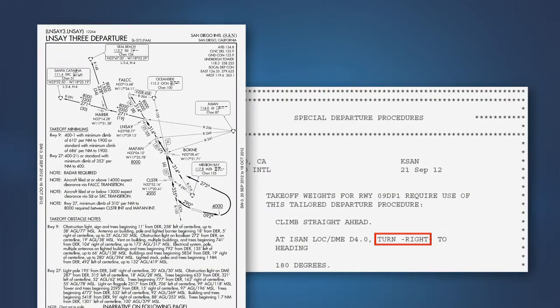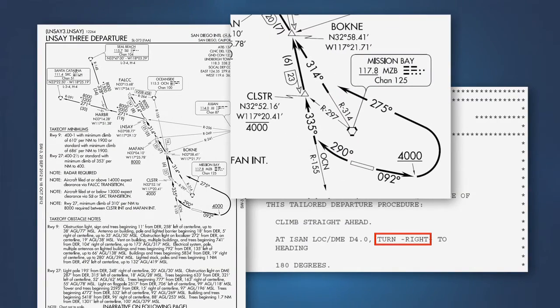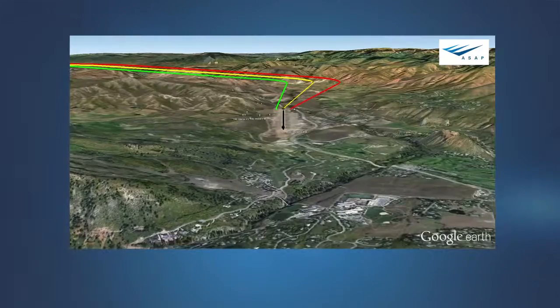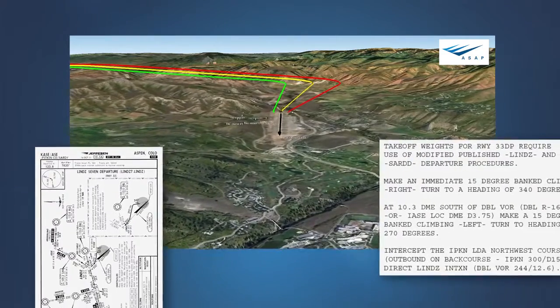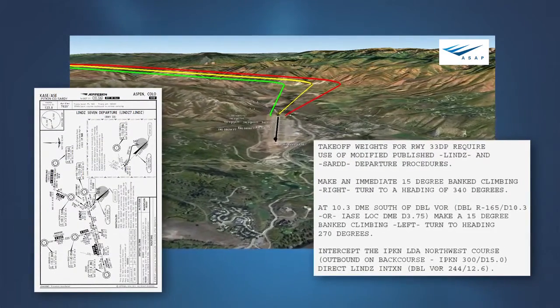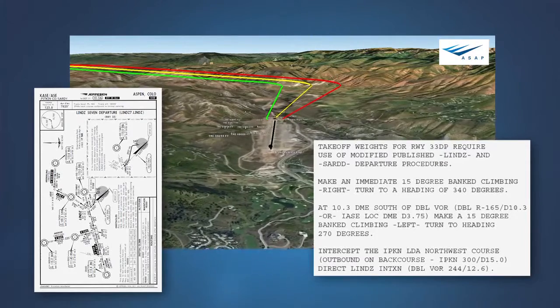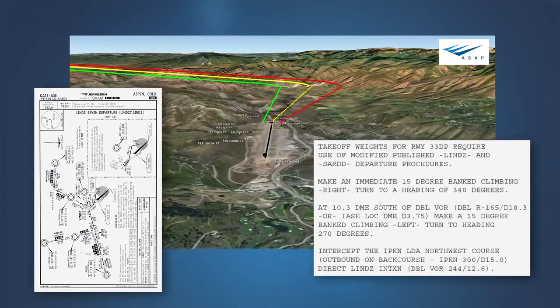The question of what action a pilot should consider or take when the engine failure procedure differs from the IFR departure procedure is worth addressing. At terrain-challenging airports like Aspen, the engine failure procedure typically conforms to the IFR departure procedure for the takeoff runway.